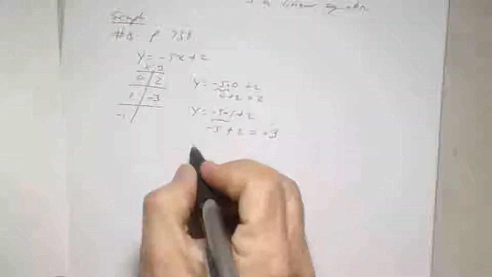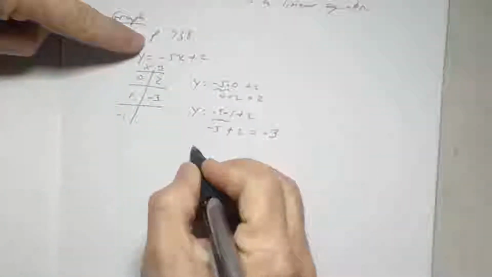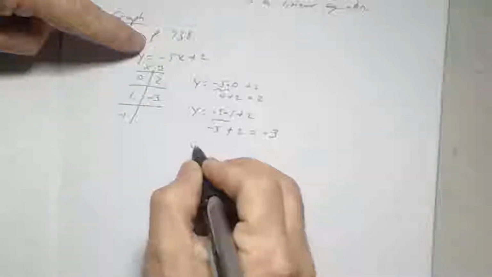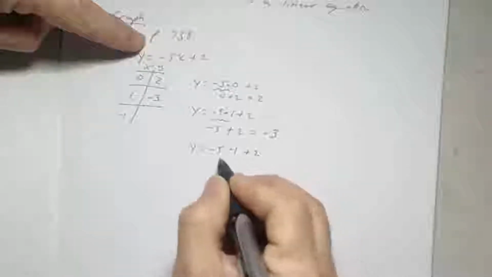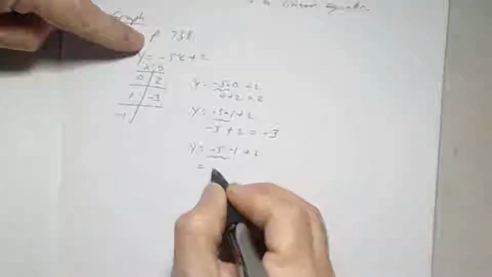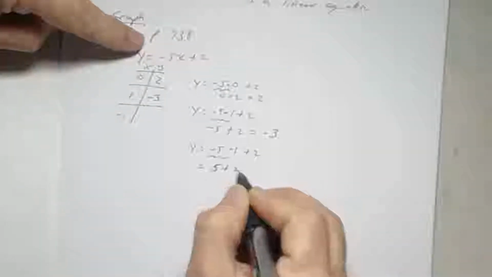So if x is negative 1, notice what happens, though. You get y equals negative 5 times negative 1 plus 2. What's negative 5 times negative 1? Positive 5. 5 plus 2 is 7, and it still fits in here. Now, someone else could have chosen, let's say, 2. There's still enough room in there. Negative 5 times 2 is what?